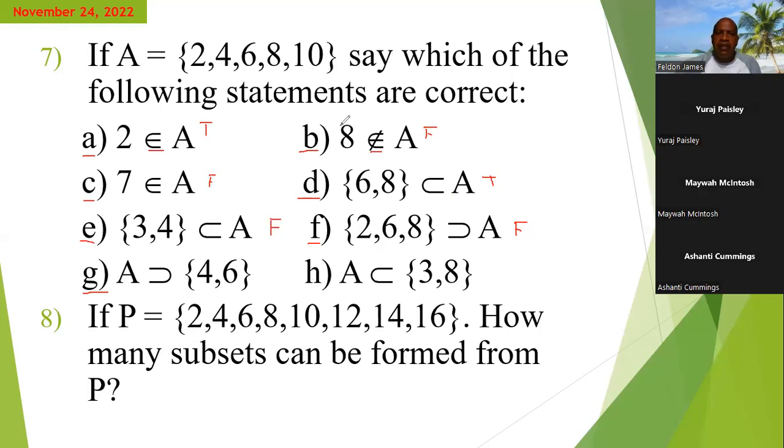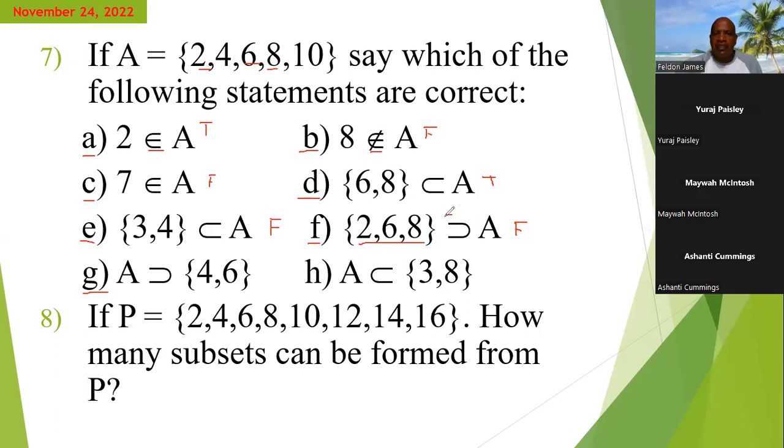No, it would not mean that. We could not say that because that would not be true. Because if you look at 2, 6, and 8, you actually have 2, 6, and 8 in A. So we couldn't say that it is not a subset. It is actually a subset of A.